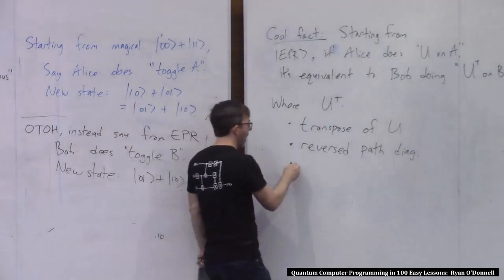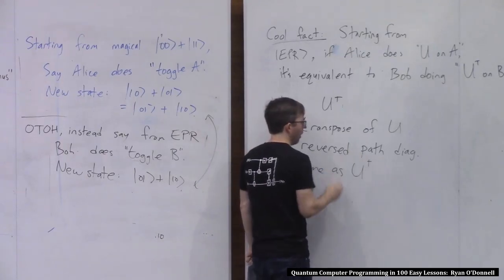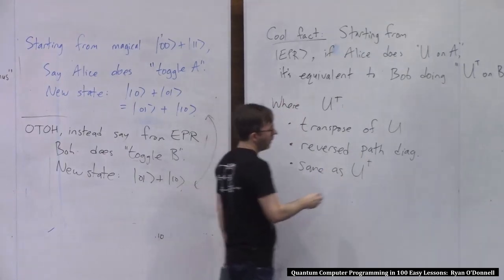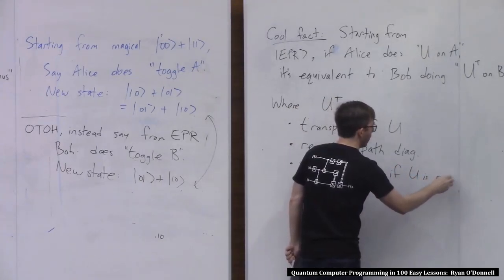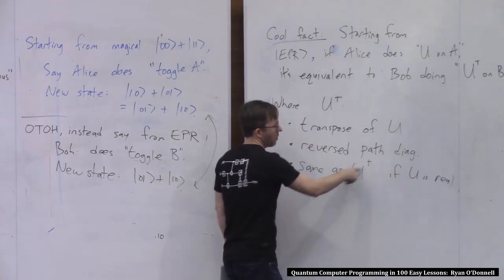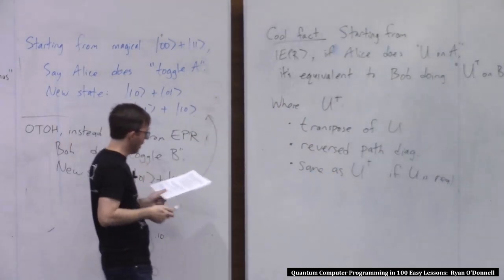Or it's the same as U dagger in this course. Because in this course, everything is real. So this is where you do transpose and also complex conjugate, but we don't use complex numbers, so it's the same.